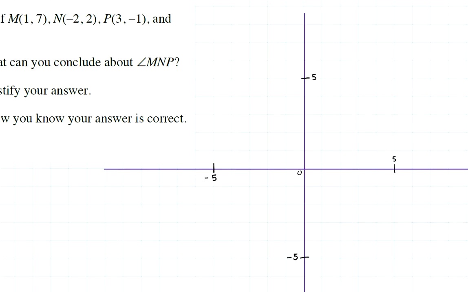Point M is located at 1 and then positive 7. There's M. The next point I have is N, which is at negative 2, positive 2. And P is at 3, negative 1.